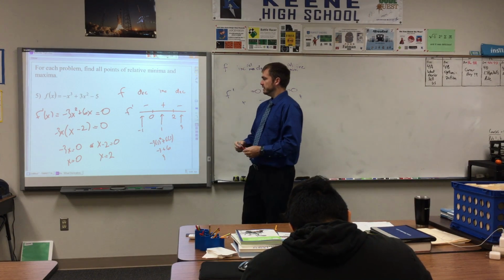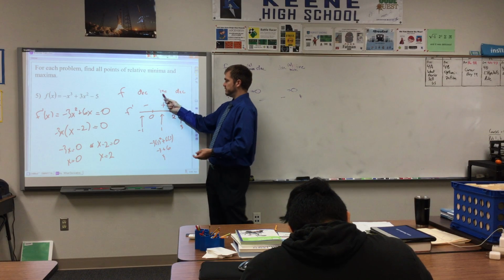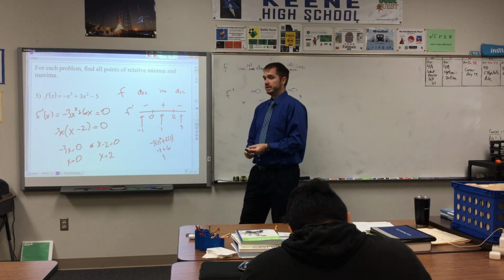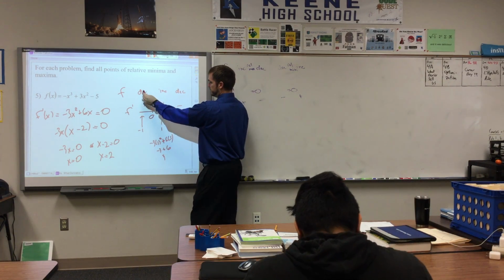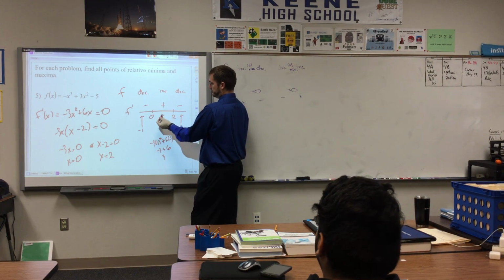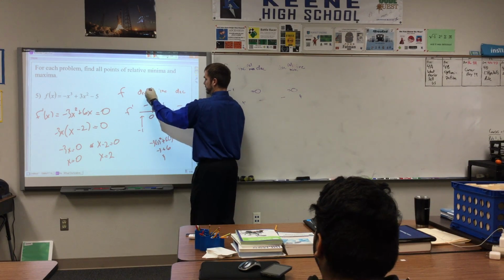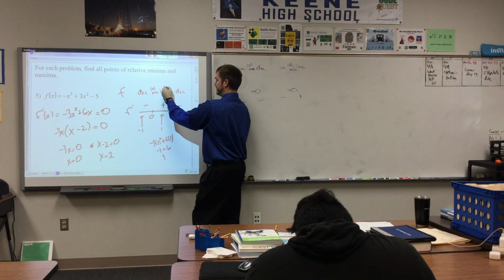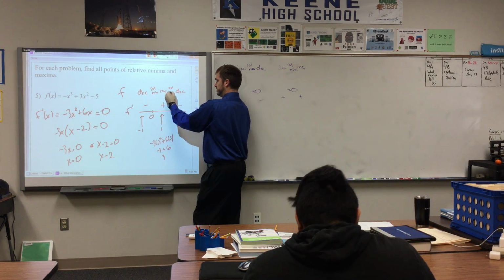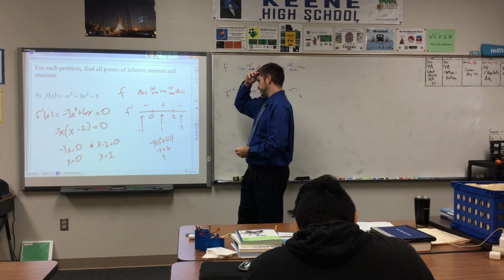I think we definitely have one from decreasing to increasing, one from increasing to decreasing. We definitely have a relative minimum and a relative maximum. What's this one right here going to be? Going from decreasing to increasing? That's a relative min. And from increasing to decreasing, we have a relative maximum. Great.